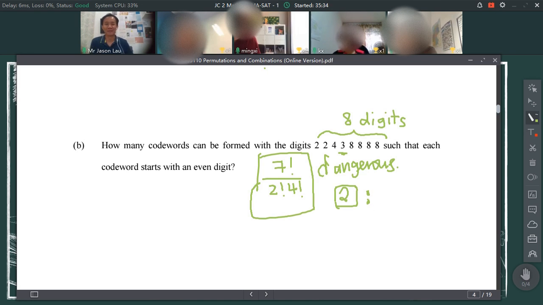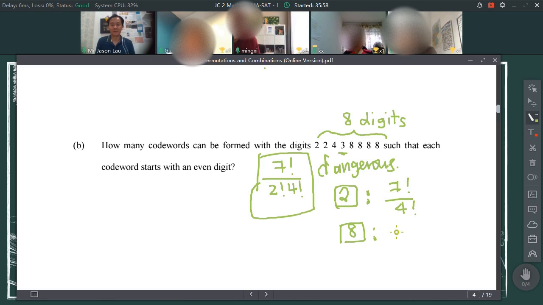So if the 2 is in front first, then how many ways to arrange the digits to form a code word? 7 factorial over 4 factorial. Yeah, over 4 factorial, right? Do you see the difference? It depends on which digit is in front. So let's say I have a digit 8 in front.